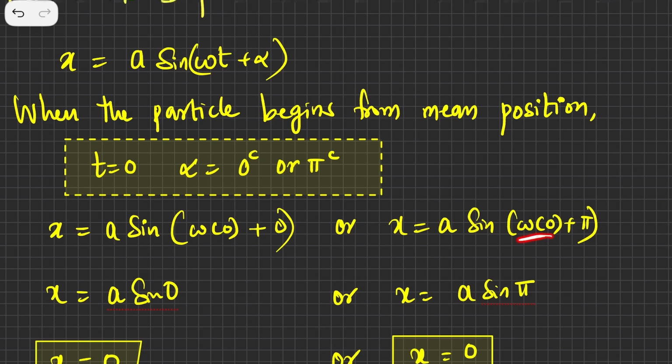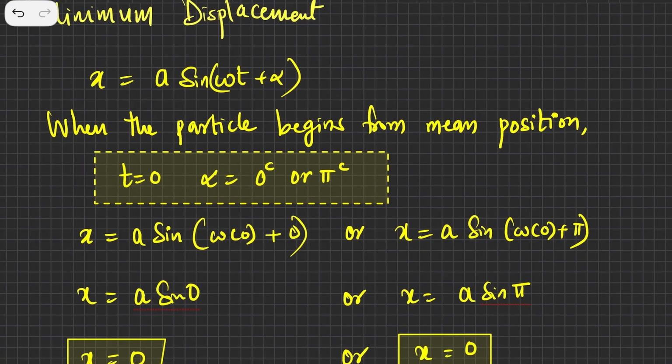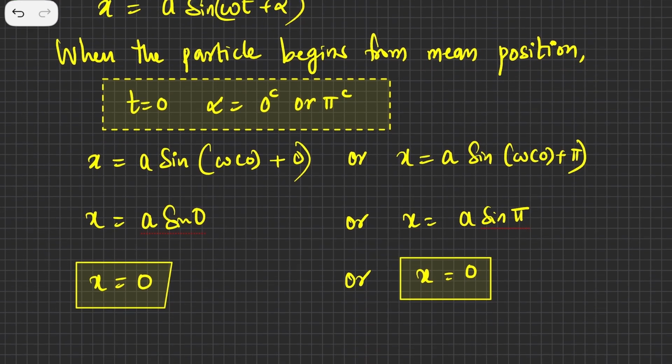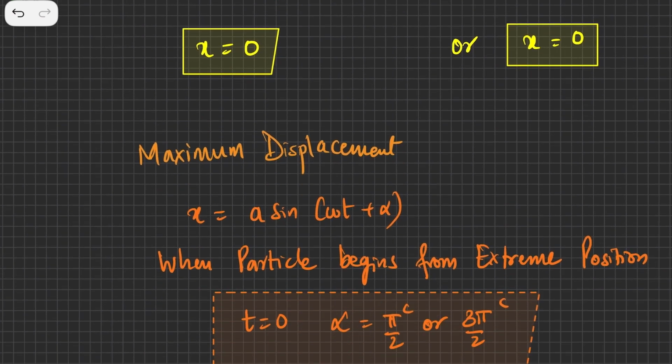So omega into 0 is 0, and 0 plus pi is pi, so I get sine pi. Sine pi is again 0, so sine 0 is 0 and sine pi is 0 as well. So when the particle is at the mean position, the displacement is minimum, and that comes out to be x equal to 0.